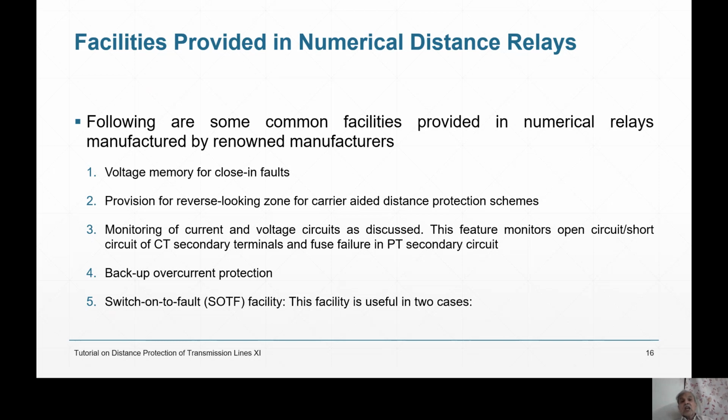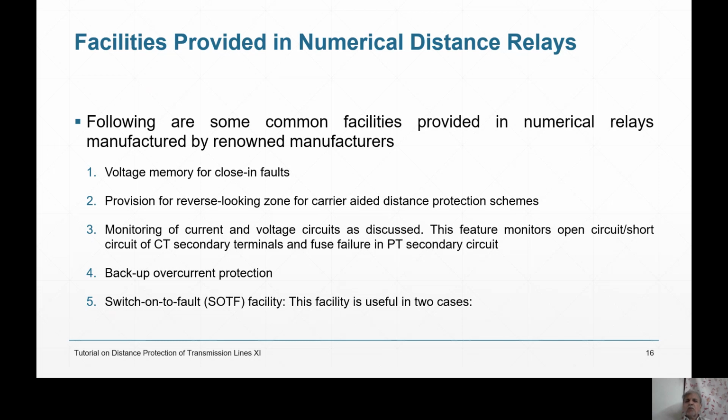Switch on to fault means the fault is really existing when you make the circuit breaker on. You see, it is not that the circuit breaker is on and then a fault occurs. It is reverse. The fault is already there and you made the circuit breaker on. Now, when you know that the fault is already there, why take time?